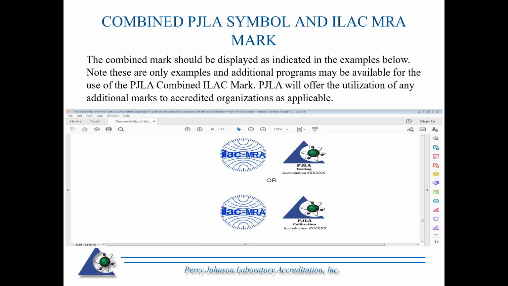There are pictures and illustrations in SOP3. So it should be used as specified below. These are only examples. Additional programs may be available for the use of the PJLA ILAC mark. PJLA will offer the utilization of any additional mark to accredited organizations as applicable.